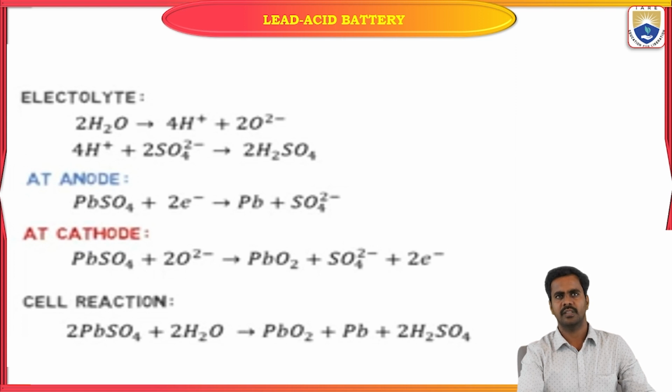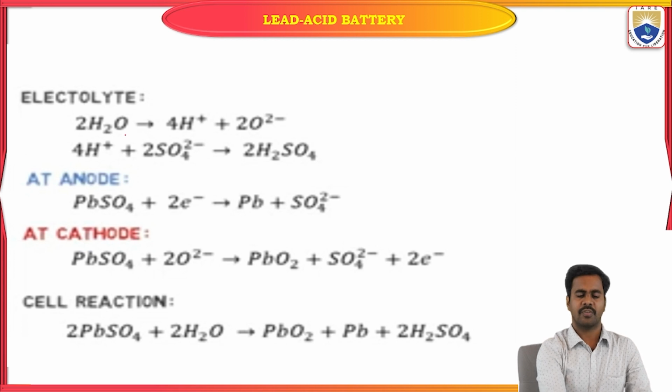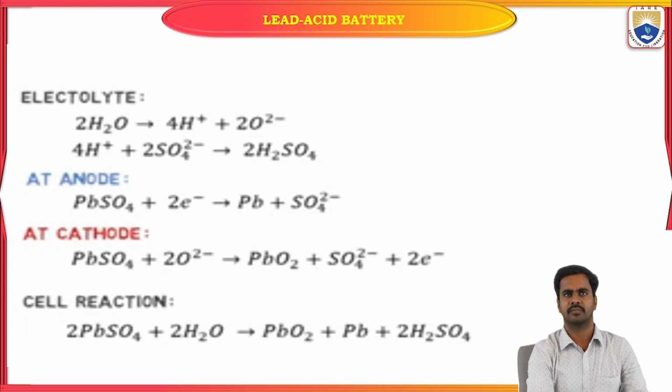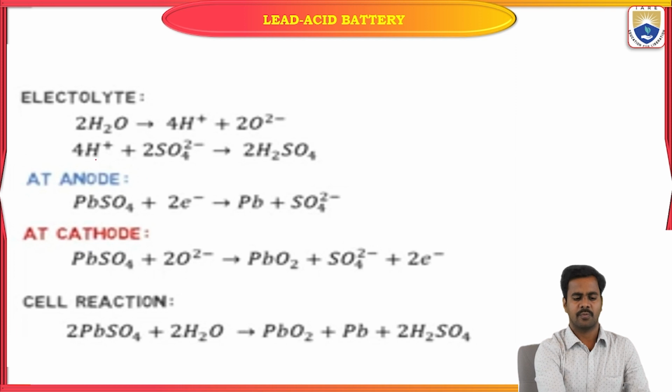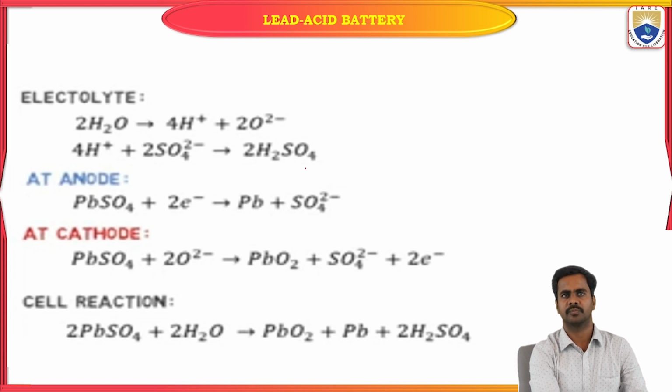Now, during the recharging process, your electrolyte is water, which is formed through the discharging process. So in the first step, water dissociates into H plus and O2 minus, and H plus and SO4 minus form H2SO4. At the anode, now what is the anode?